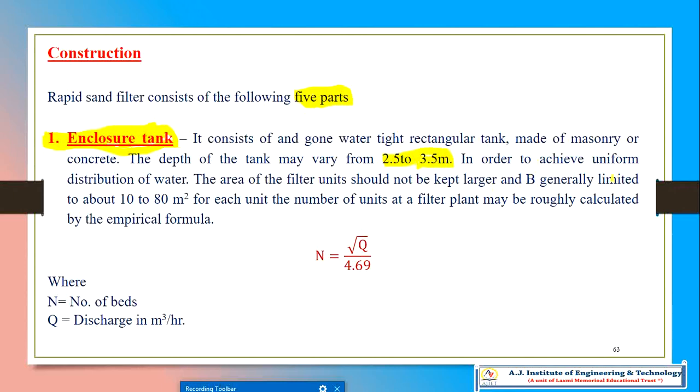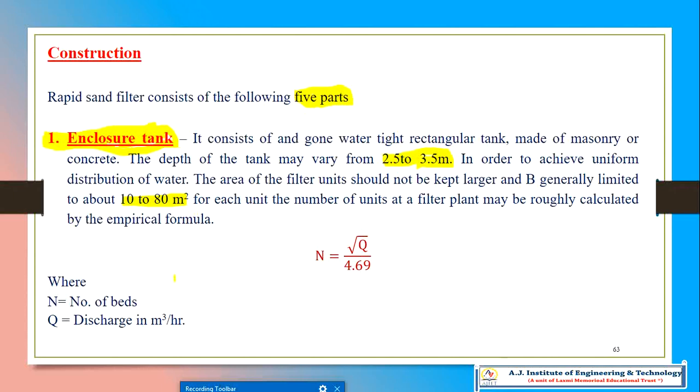In order to achieve uniform distribution of the water, the area of the filter should not be kept large. Generally the breadth is limited, with an area of 10 to 80 meters square for each unit.